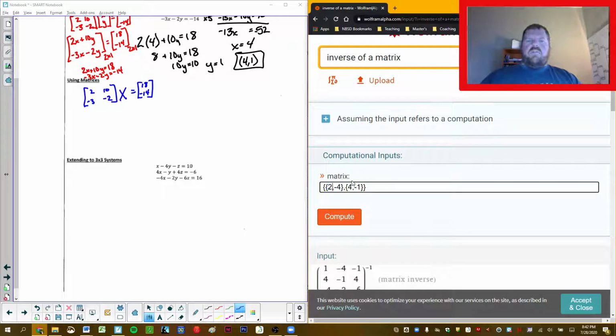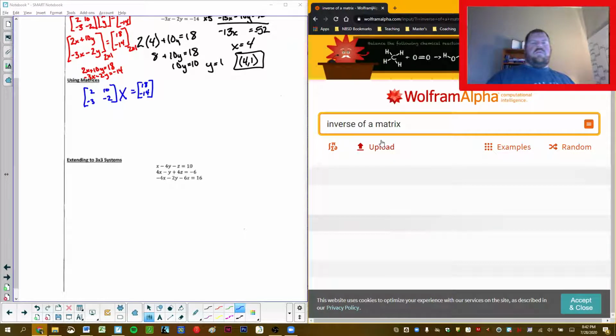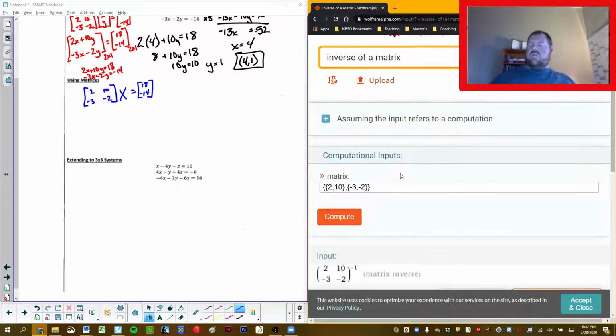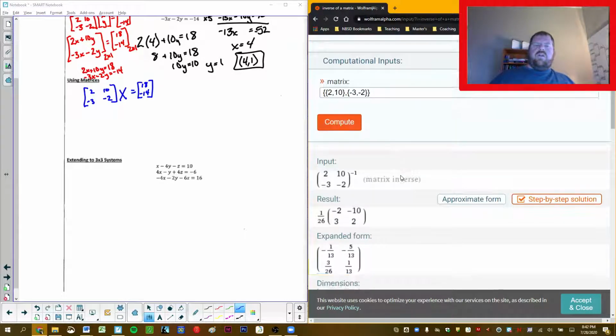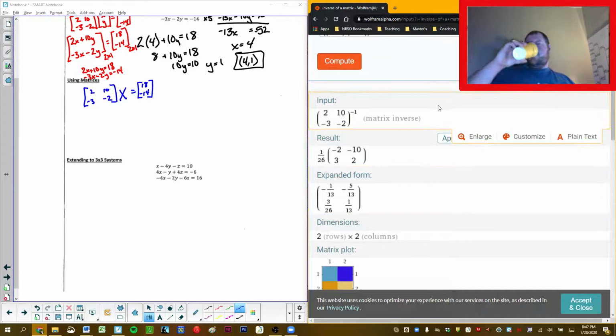So I want to find the inverse of that matrix, 2, 10, negative 3, negative 2. And again, this isn't a new idea. This is what we did to find our inverses last time. And so we get some ugly numbers, but that's okay.